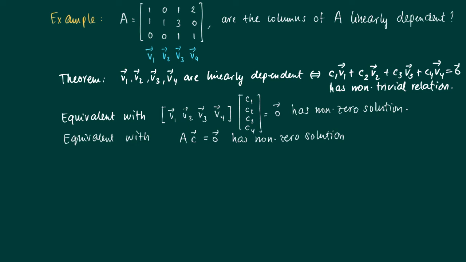And of course this happens exactly when we look at the null space or the kernel of the matrix A. Then this kernel should not be equal to only the 0 vector.